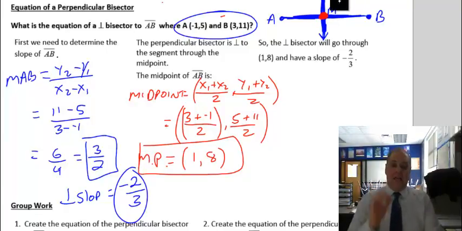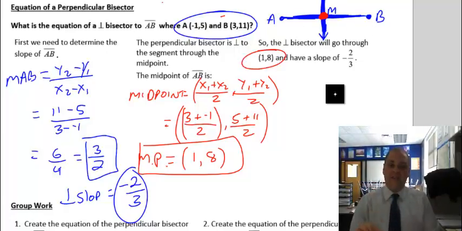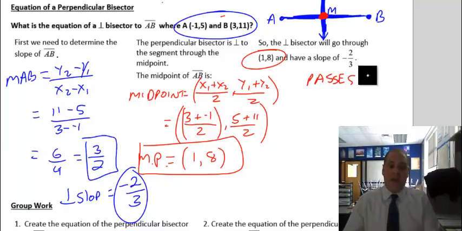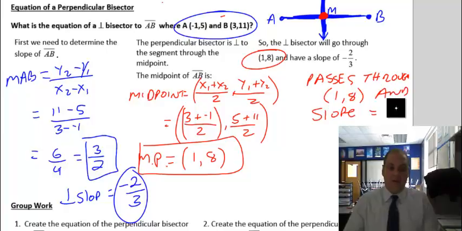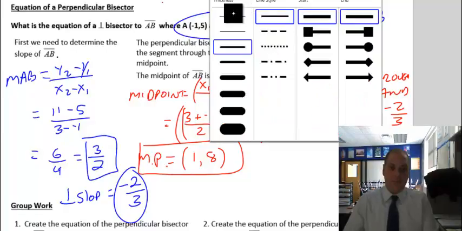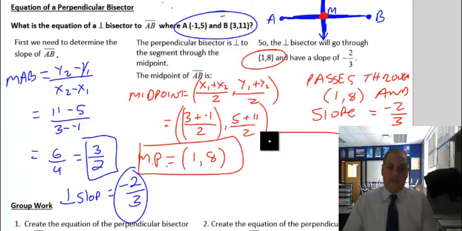So I need the equation of a line that passes through the point (1, 8) and has a slope of negative 2/3. You should know this from a previous lesson. So I know my point-slope formula.